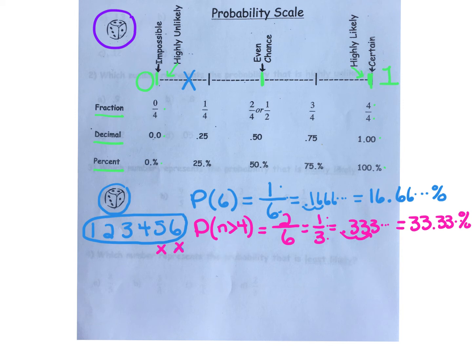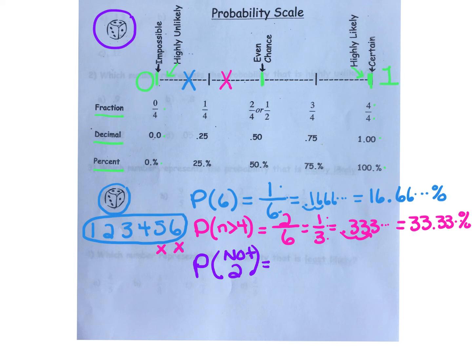On the probability scale, that's right about here. A greater chance than our first problem, but still, our chances are not very high. Let's try another one. Let's say you're a winner if you roll not a 2.